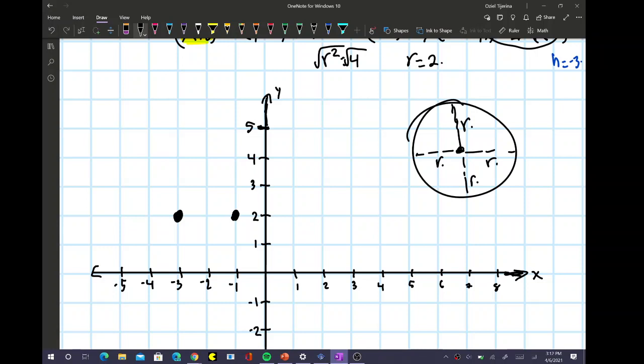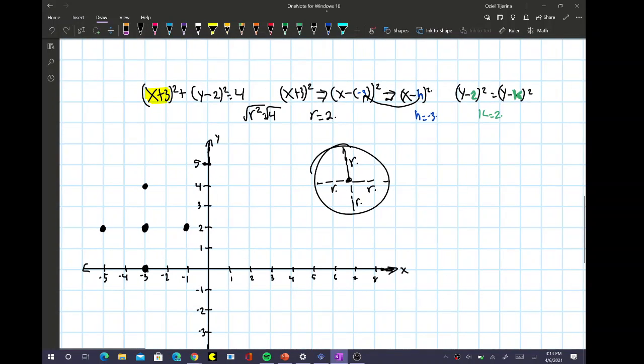So we're going to plot this part, and then we go up 2 units. So 1, 2. And then we go left 2 units, 1, 2. And then we go down 2 units, 1, 2. Right?